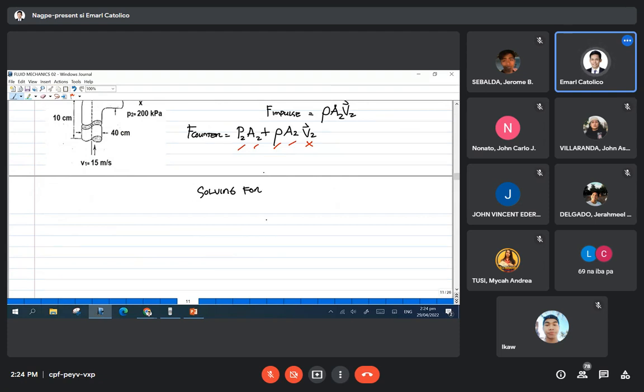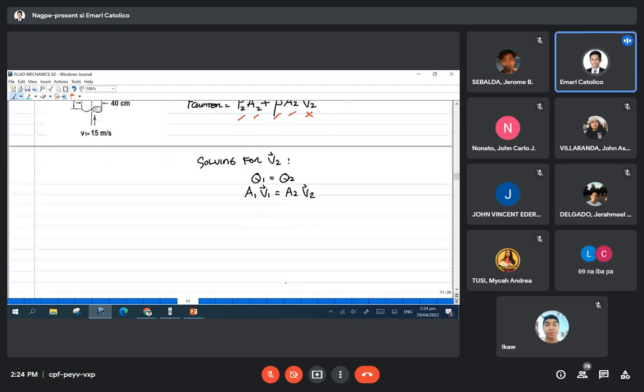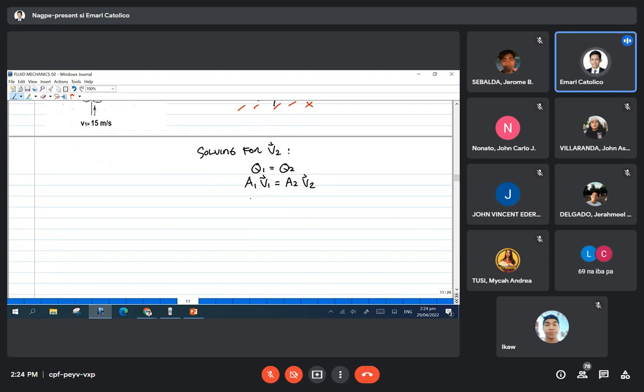Solving for velocity 2, we have Q1 equals Q2, area 1 times velocity 1 is equals to area 2 times velocity 2. Or kahit hindi na natin ilagay yung pi over 4, no? So, magiging D1 squared V1 is equals to D2 squared V2.